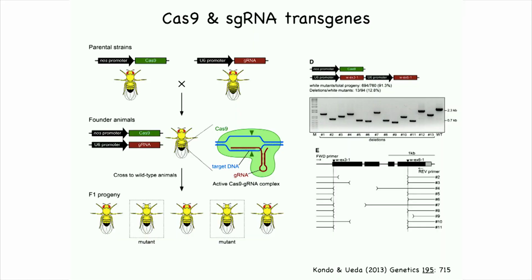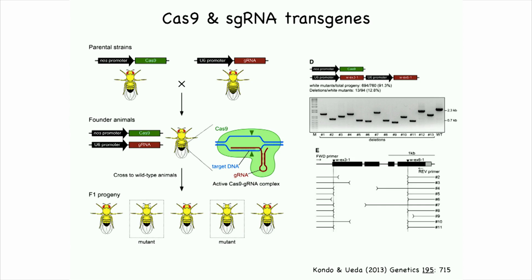So another paper published 2 years ago in the summer set up another way to express Cas9 and the guide RNA in flies. What they did was they made a transgene for Drosophila that has Cas9 driven by this nanos promoter, which is a germline specific promoter expressed in both the male and the female germline.